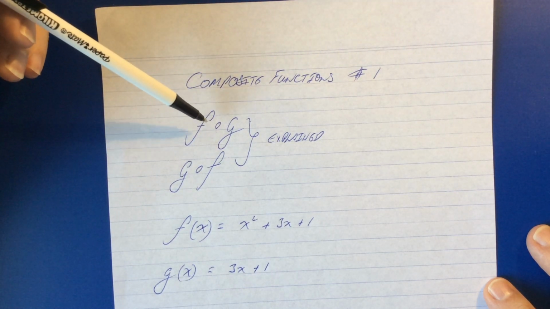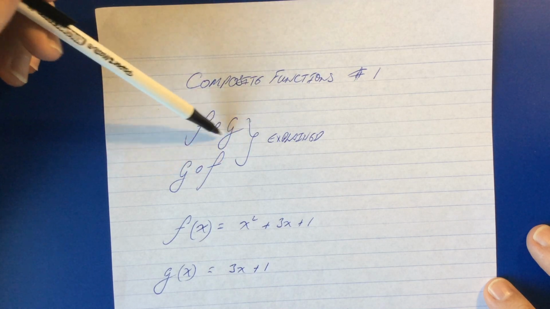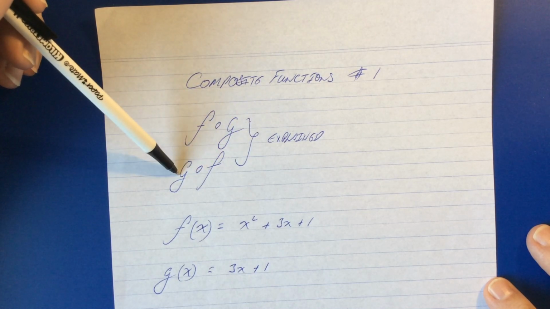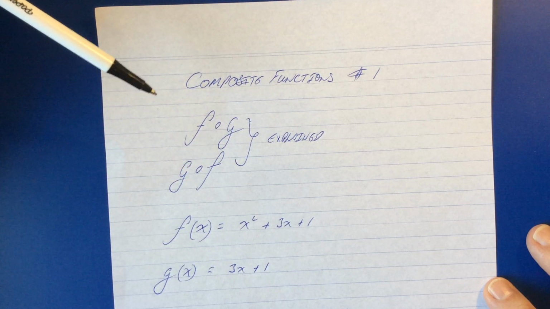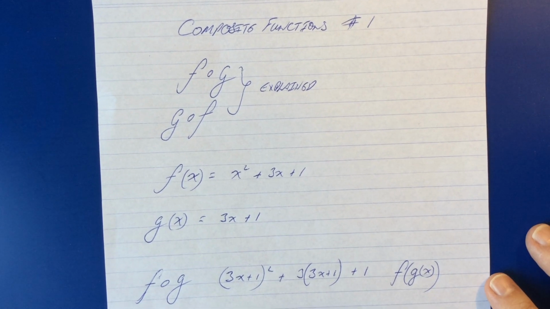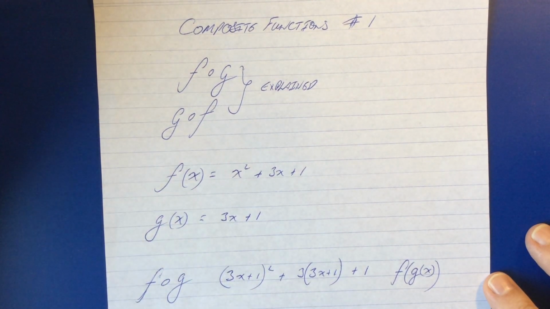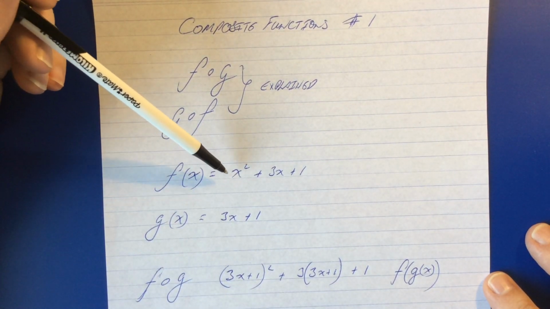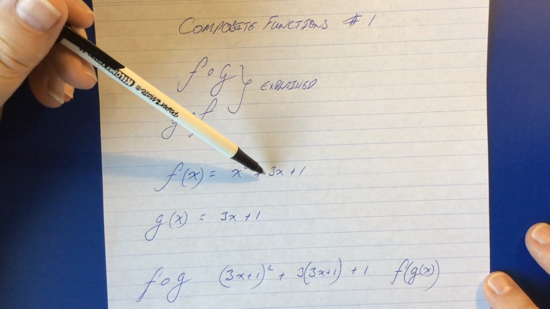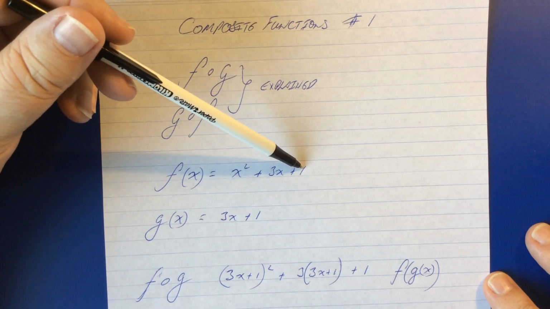And what these two terms instruct us to do is to place one of these functions inside the other. Now, what does that mean? Well, let's have a look at f of g. Remember that f of x was x squared plus 3x plus 1.